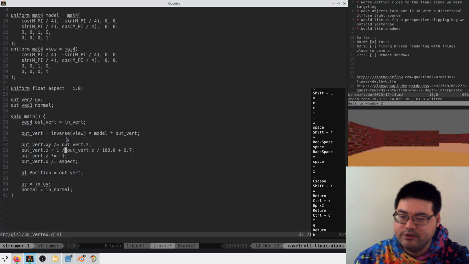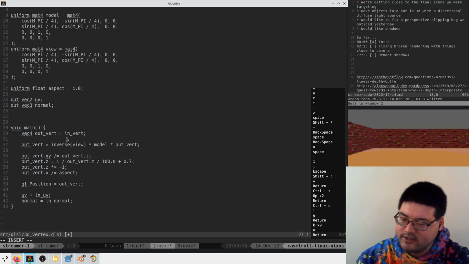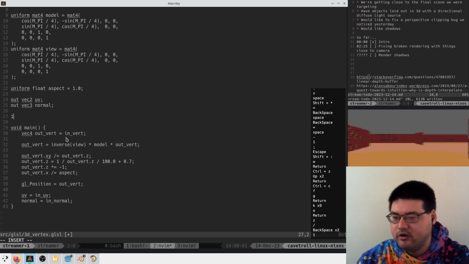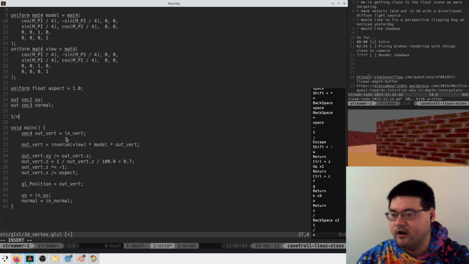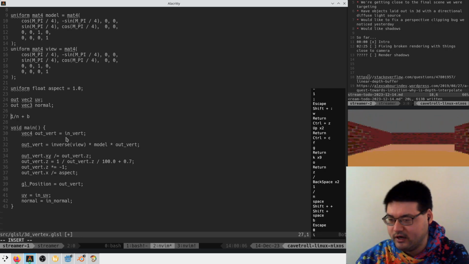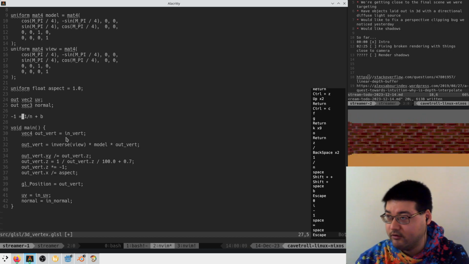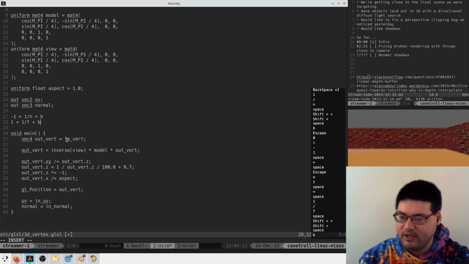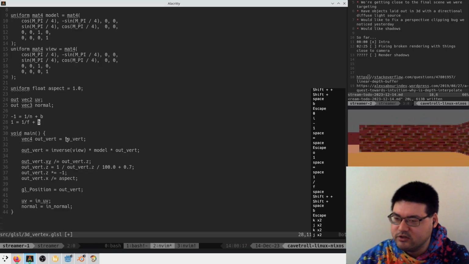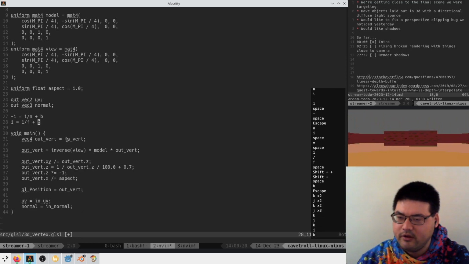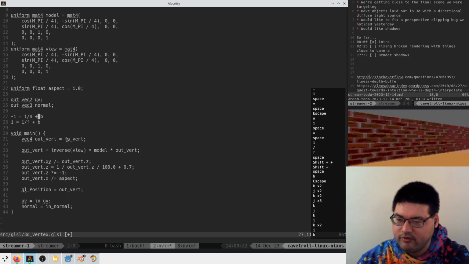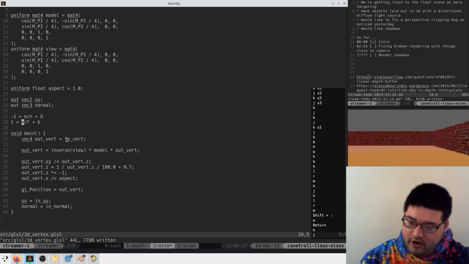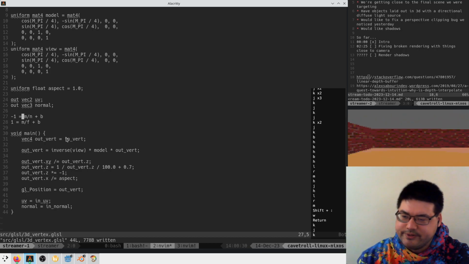I think that we can probably do a little bit more math to set our near and far clip planes, where we know that 1 over near plus b is equal to -1, because our range should be -1 to 1, and 1 equals 1 over far plus b. So probably there's a way to solve for the two of these. You have some slope and some cutoff, and you can solve for these two variables.